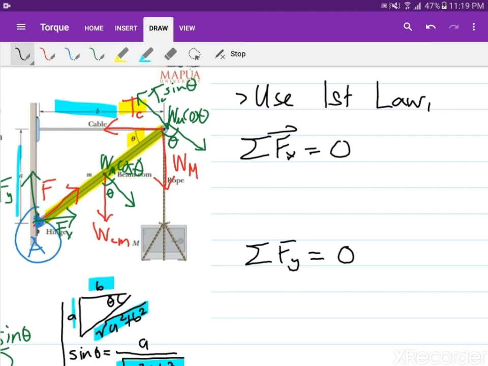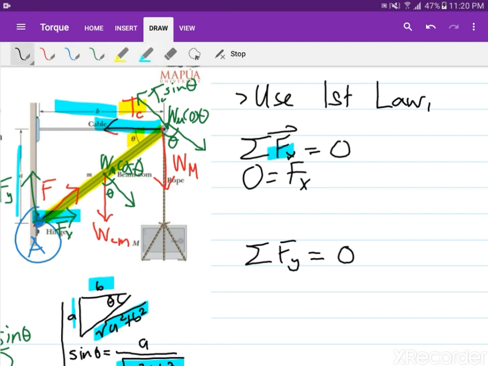Okay, so along X, we only have this component of force and this component of force to balance out. So we have 0 equals this Fx component from the hinge. This is not the net force Fx.